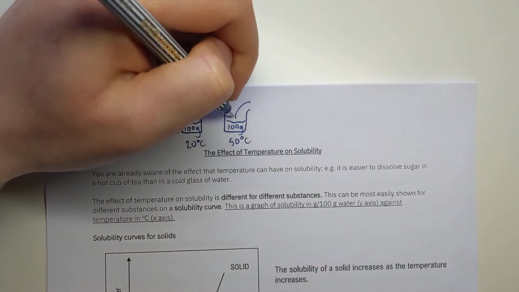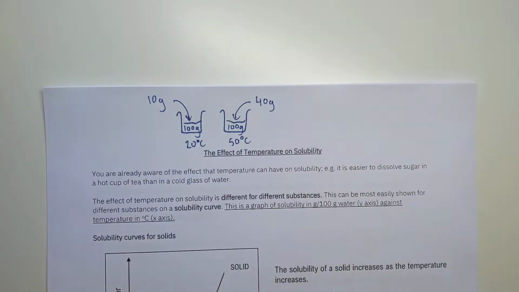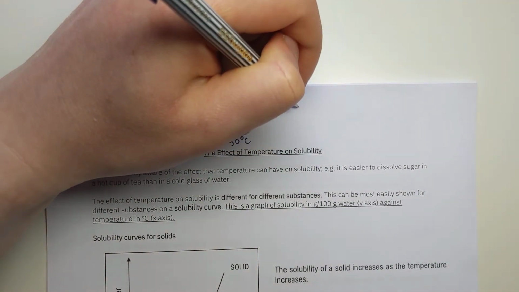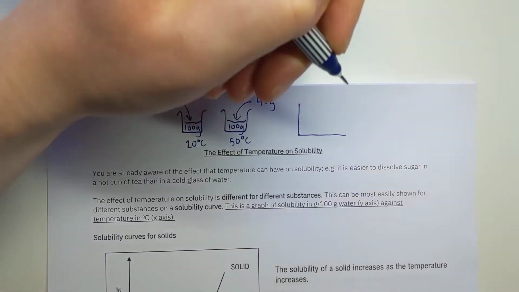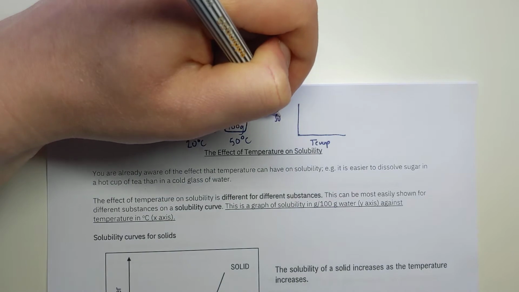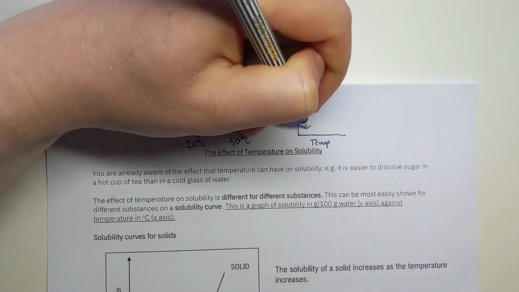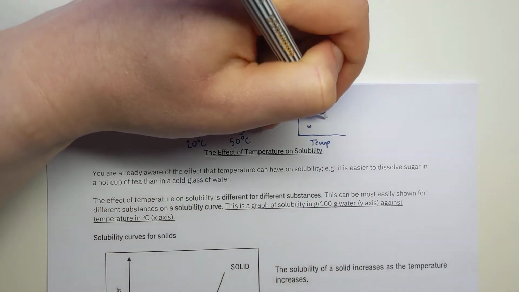However, once I get to a hotter 100 grams of water, I might be able to dissolve 40 grams per 100 grams of water. If I plot that on the graph, so let's say I've got a temperature scale on the x-axis and solubility on the y-axis, for 20 degrees C I was able to dissolve 10. For 50 degrees C, I was able to dissolve 40.